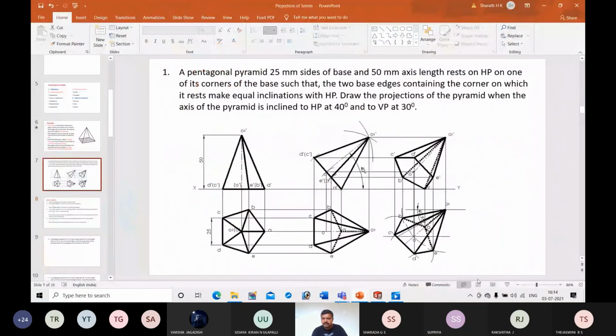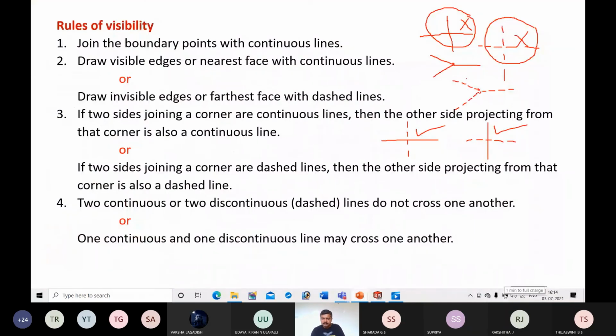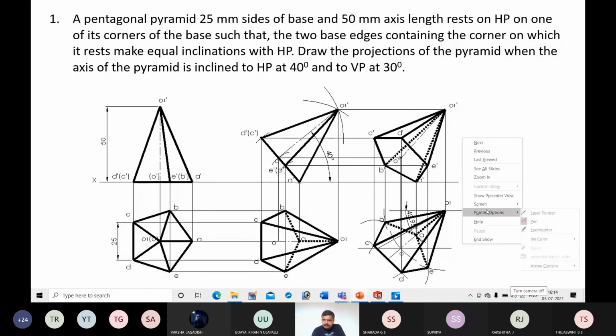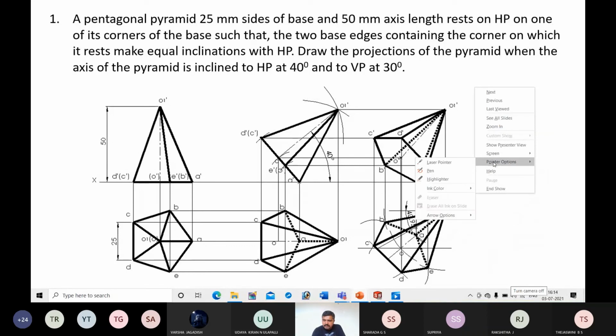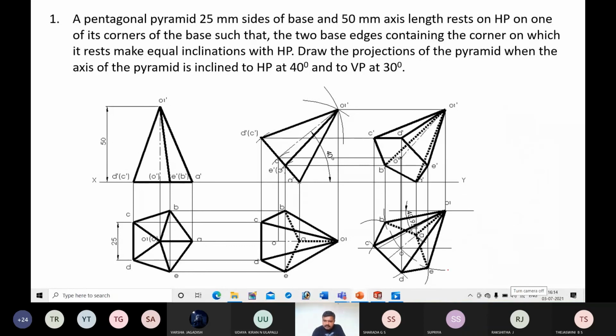So that means this is the final front view. In order to draw the final front view, for the front view the position of the observer is here. Observer will be here.